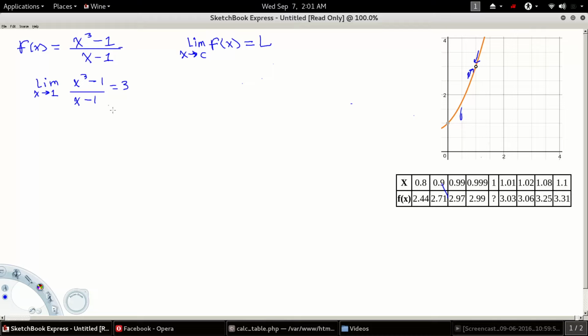So this is the informal definition. When you see problems in textbooks and on tests, a lot of them will be in this form, but it just won't tell you the limit. It will just say the limit of this function as x approaches 1, or whatever number, is what. So you have to try to solve for that.